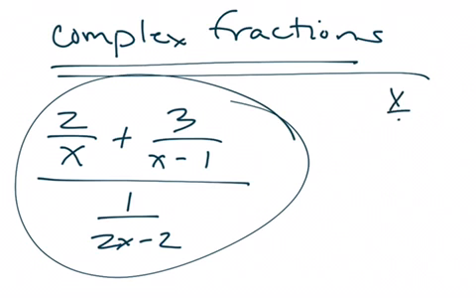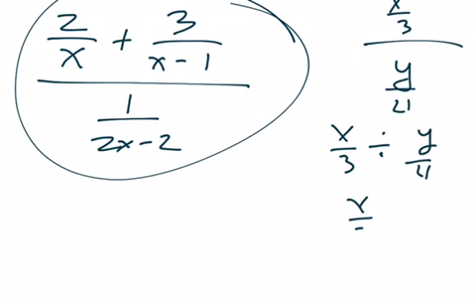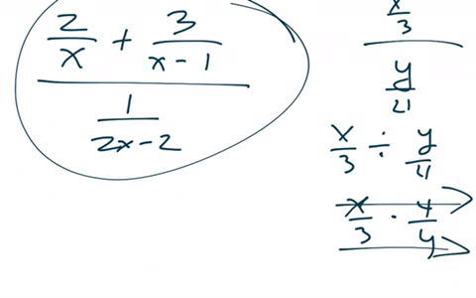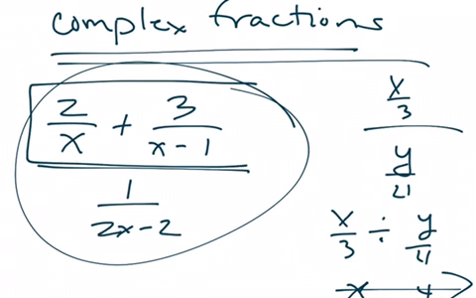If you gave me x over 3 divided by y over 4, I can handle that, because I know that simply means times 4 over y, and we could multiply across the top, multiply across the bottom, 4x over 3y, got our answer, okay?